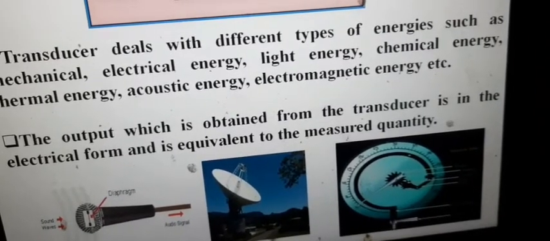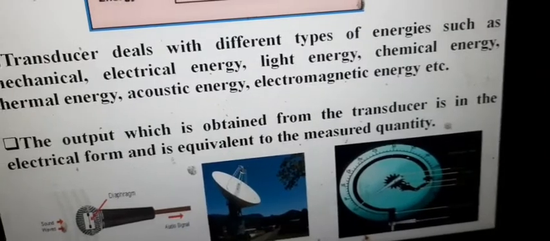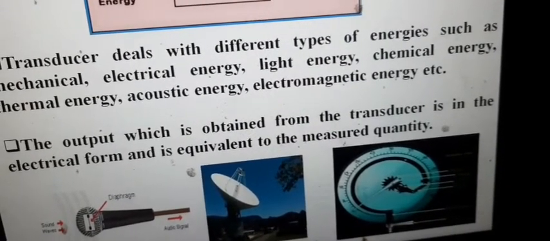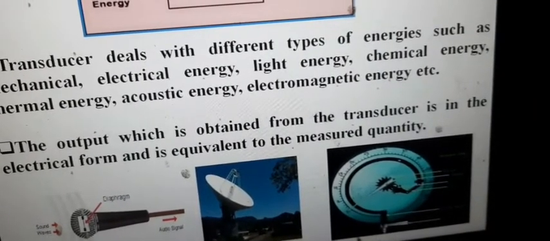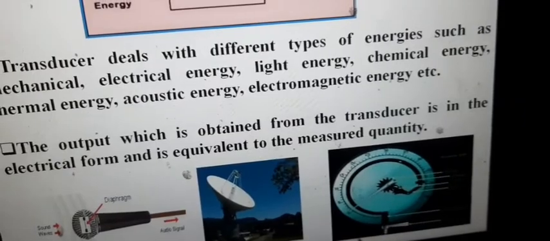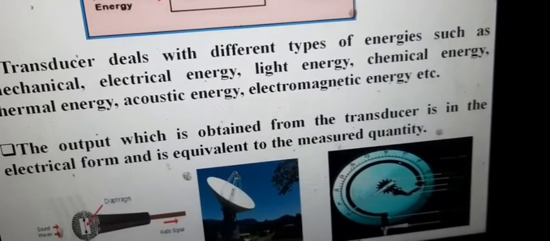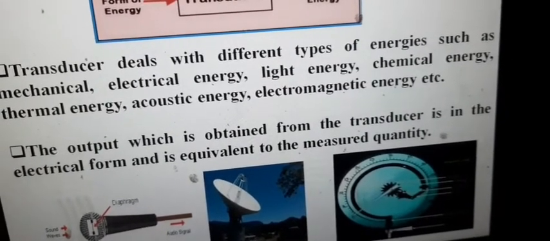So what happens when the fluid pressure increases? The free end of the tube deflects. Because of the movement at the free end, the link moves. Because of the movement of link, the sector also moves as it is attached to the link. When the sector moves, the pinion rotates, and there is one pointer which is attached to the pinion.